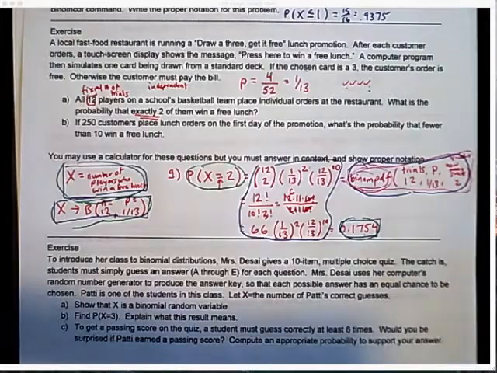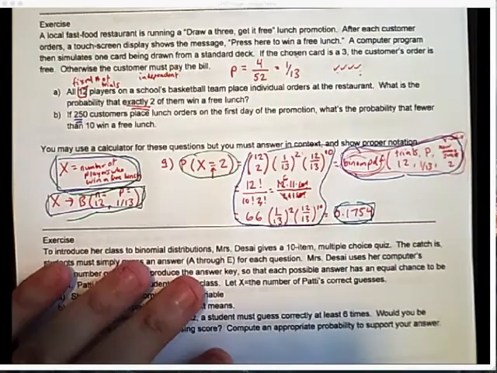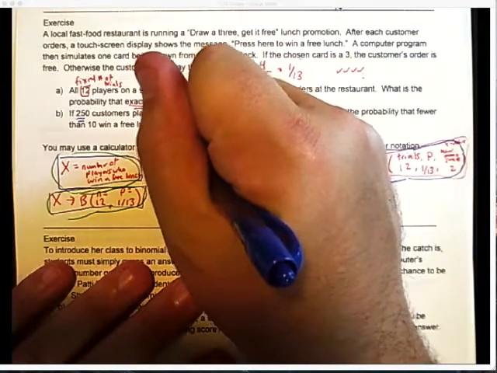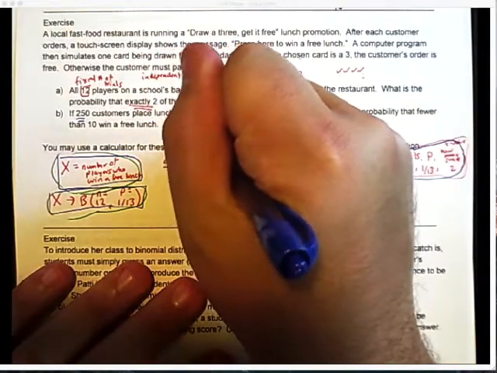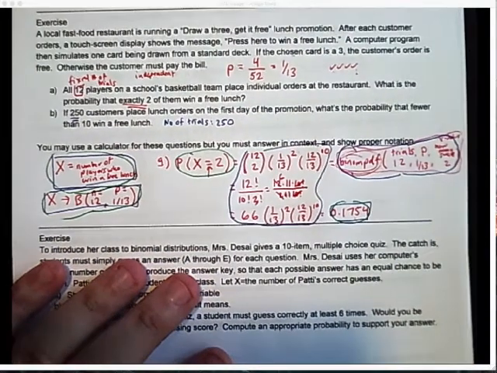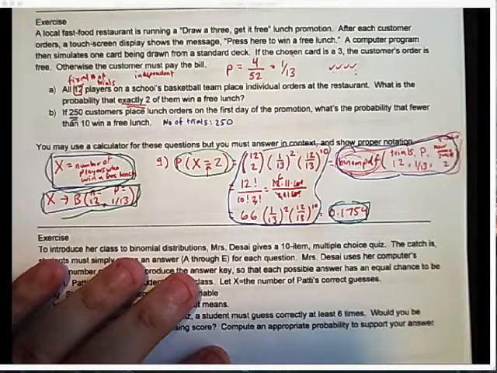All right. Now, part B. It says if 250 customers place lunch orders. So here the number of trials just got changed. Okay, there's 250 now. It says, what's the probability that fewer than 10 win a free lunch?